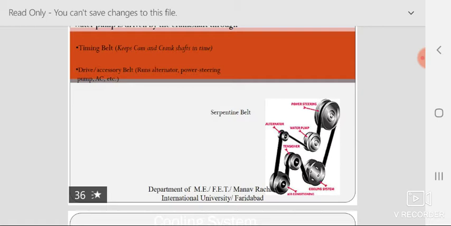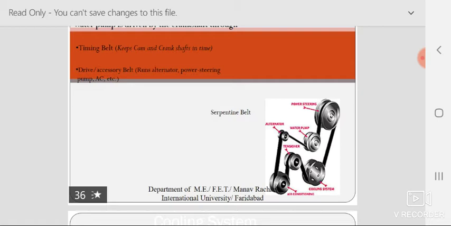So what is done? High power systems like the water pump are placed nearest to the power steering. Then water pump, then alternator, and then the air conditioning compressor. At the last, the cooling system is kept, because that is basically the fan which is rotating and requires less power.